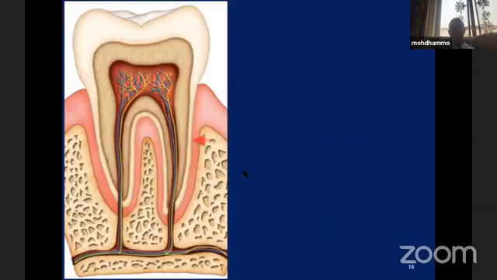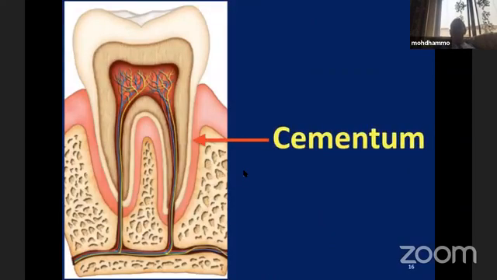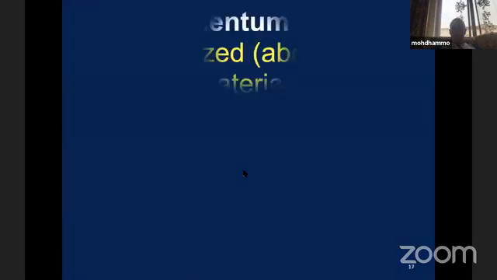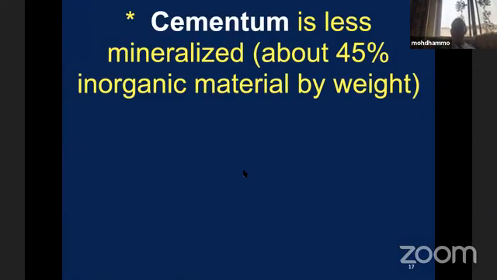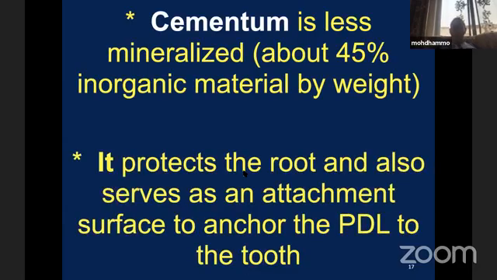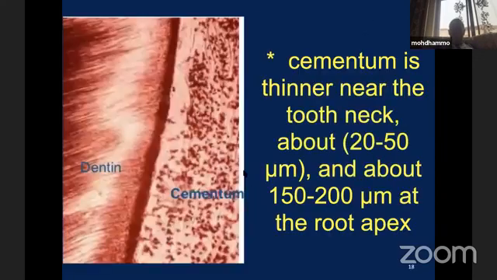Then we will go to the cementum. The cementum is less mineralized, 45% inorganic material and 55% organic material. The main function of cementum is to protect the root, and it also serves as an attachment surface to anchor the periodontal ligament.